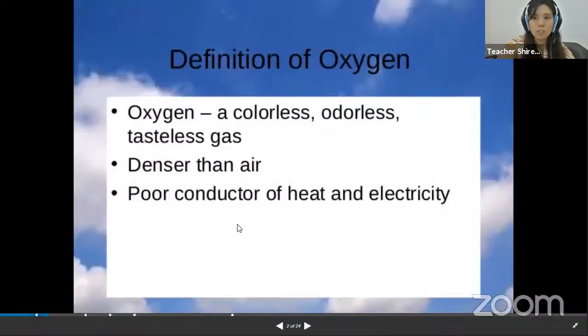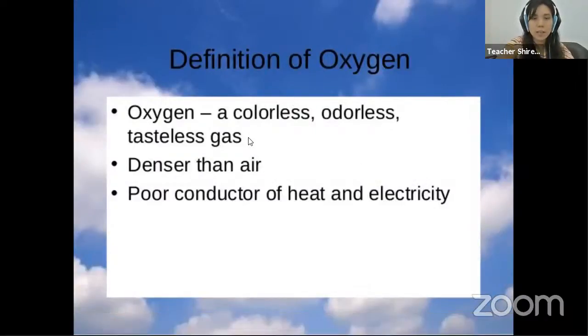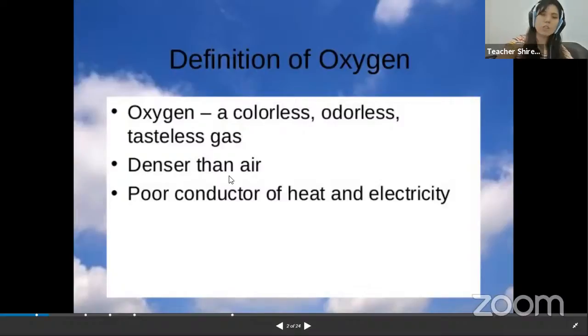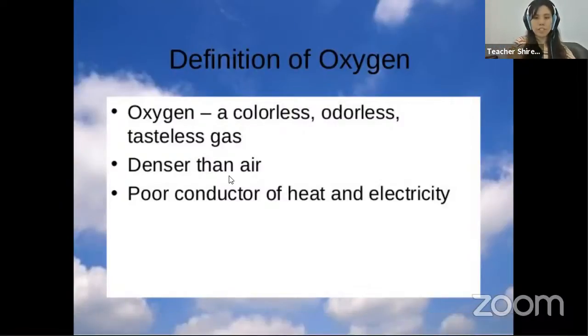So what is oxygen? Oxygen basically has no color, no flavor, no taste, no nothing. But it's denser than air. So generally, when we are on the land, we can breathe in oxygen easier. But when we climb up a very high mountain, it's very hard to breathe. Why can't we breathe on top of the mountain?